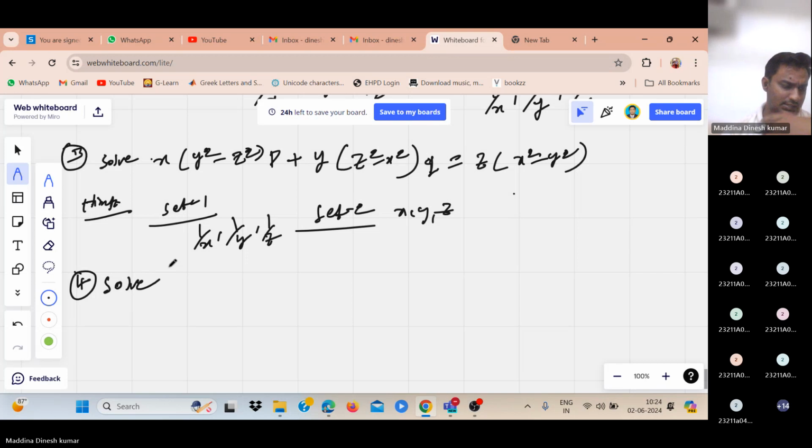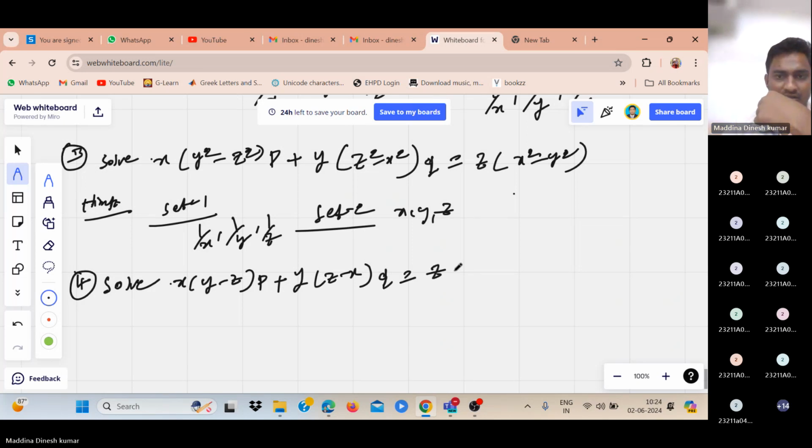Solve x into y minus z p plus y into z minus x q equal to z into x minus y.